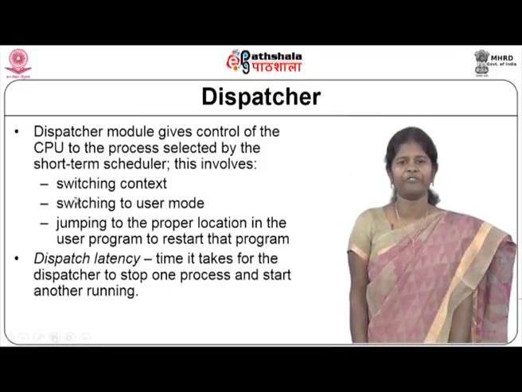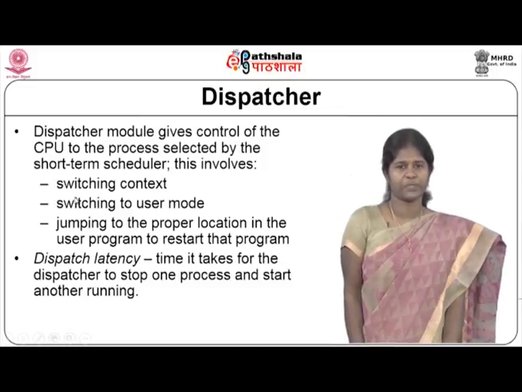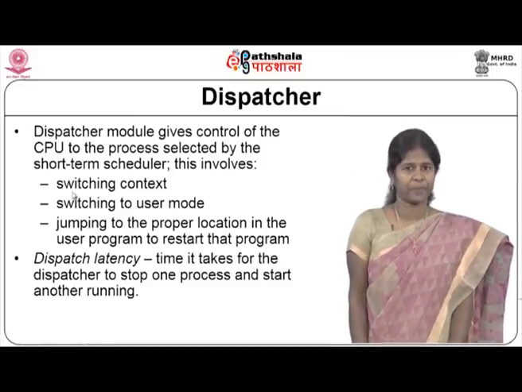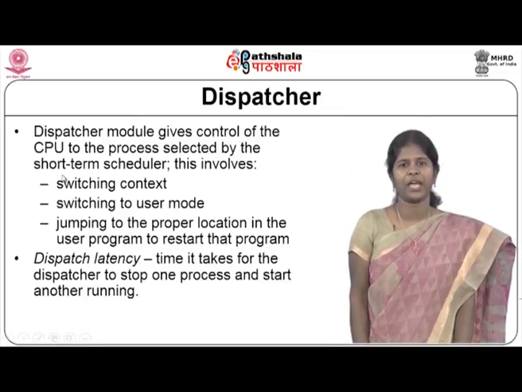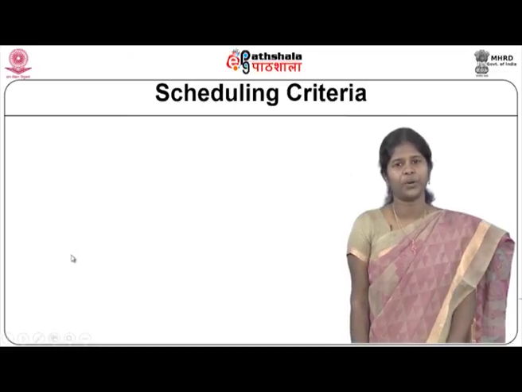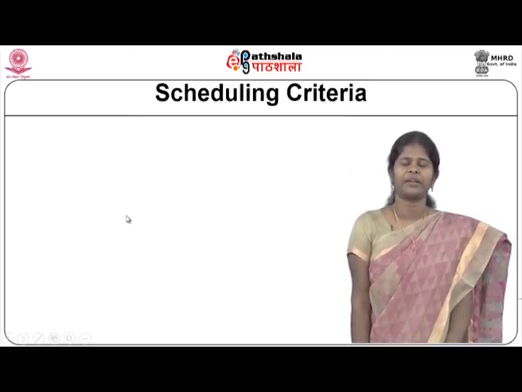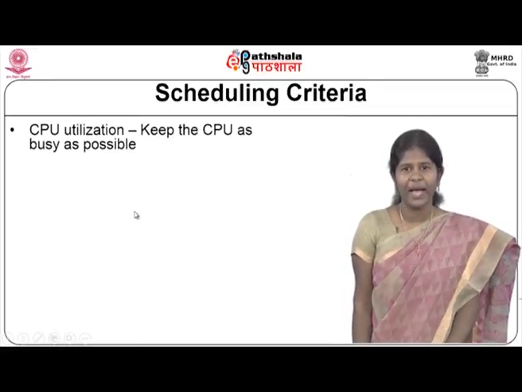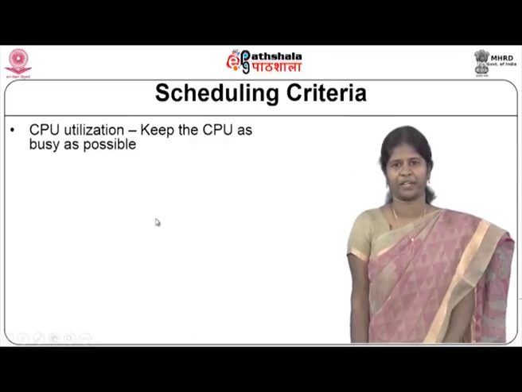So, this amount of time is called the dispatch latency. That is the time taken by the dispatcher to stop one process and to start the next process. So, when different CPU scheduling algorithms are being designed, there are a number of criteria based on which you can evaluate a CPU scheduling algorithm.